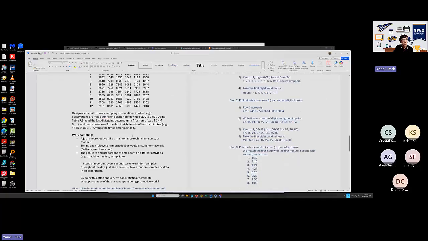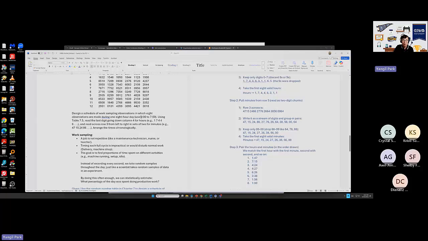What we're going to do is schedule a work sampling between 0100 and 0759, so between this hour we're going to make observations. Rather than doing every 10 minutes, 20 minutes, 30 minutes, we're going to assign some random hour and minutes. That's what I mean by randomly generating numbers.